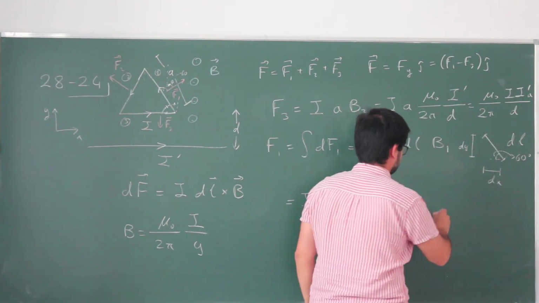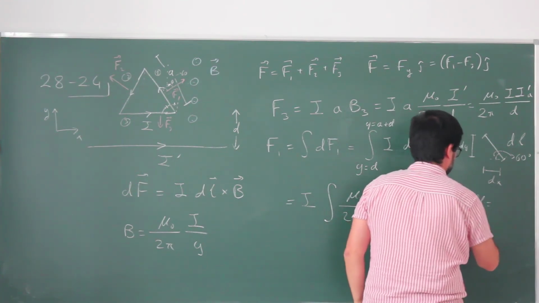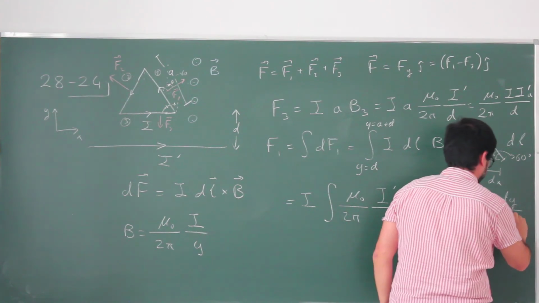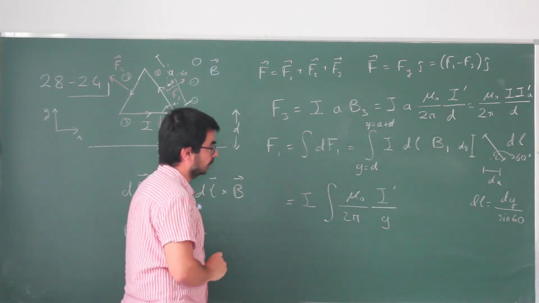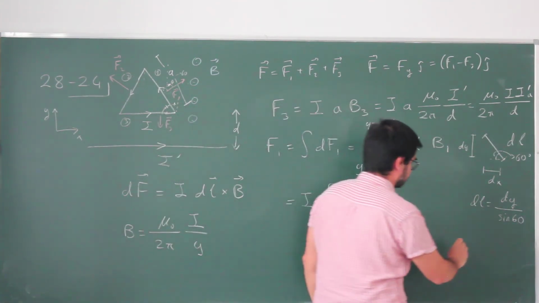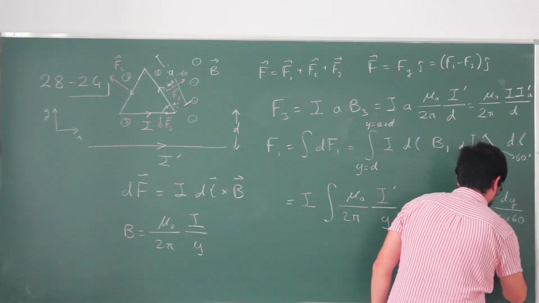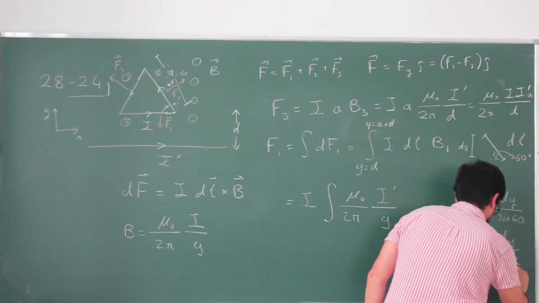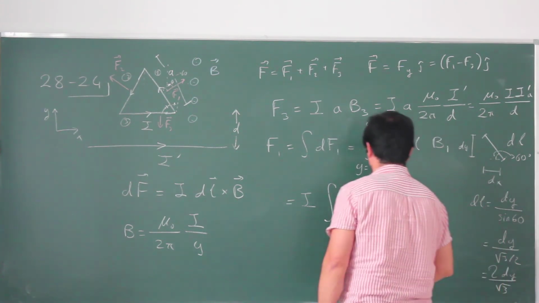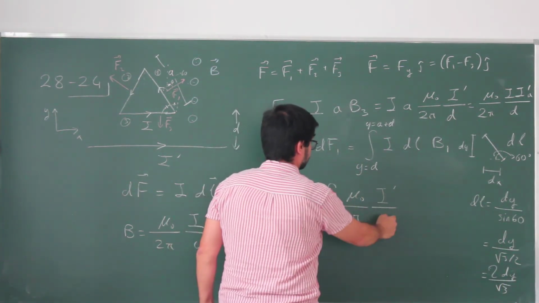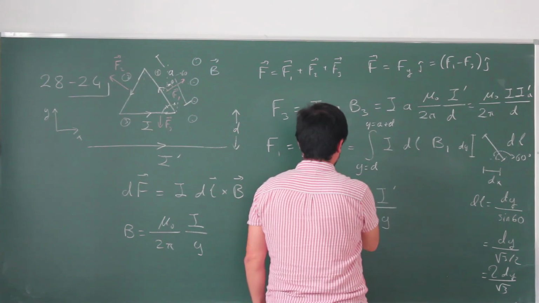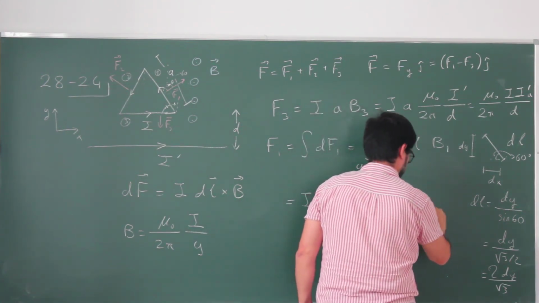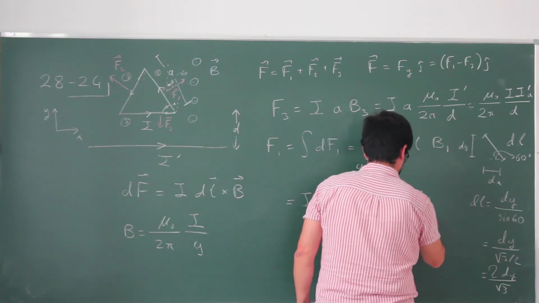In other words, dl is going to be dy divided by sine 60. And that is, of course, dy over square root of 3 divided by 2. So this comes to 2 dy divided by square root of 3. And I can put that in over here. So I is taken out, and dl is just going to be 2 dy over square root of 3.